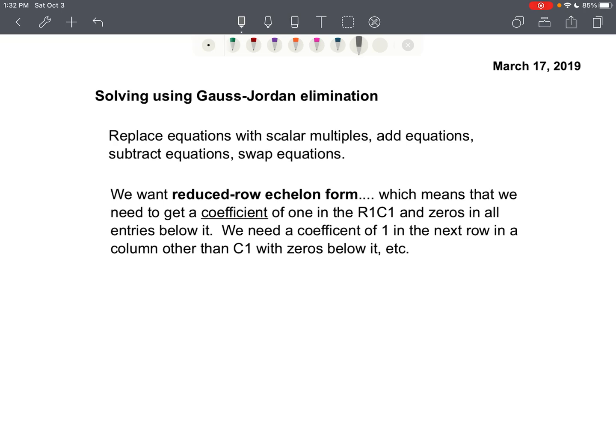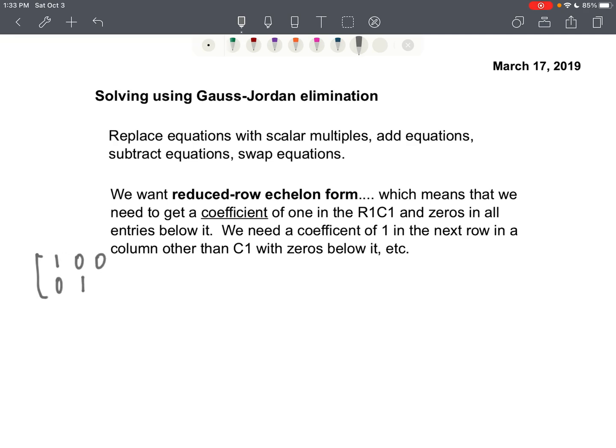We need a coefficient of 1 in the next row in a column other than column 1 with zeros below it, etc., etc.